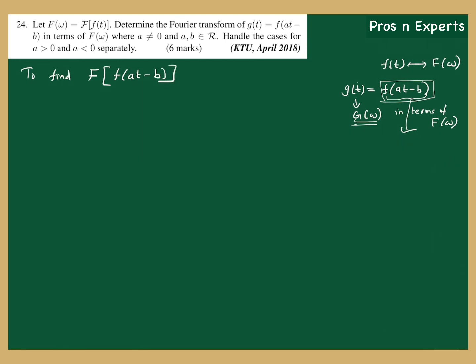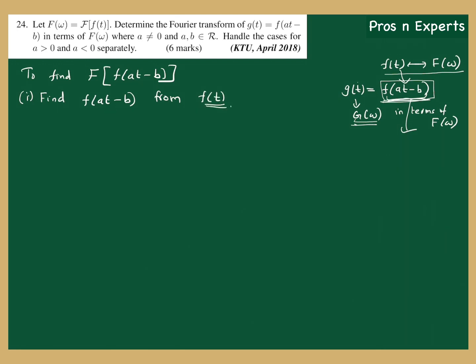What you know is the Fourier transform of f of t is F of omega, nothing else. So your aim should be deriving f of at minus b from f of t, because you know only the Fourier transform of f of t.